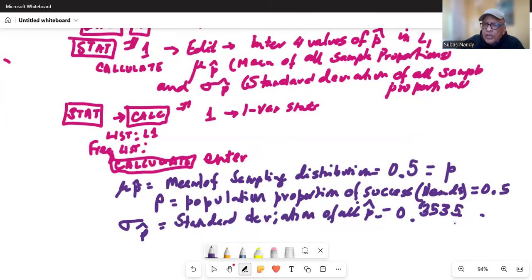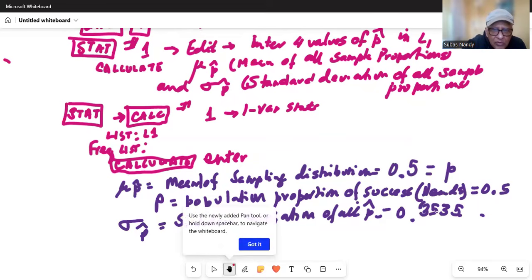That's not related to p, which is 0.5. But let's check on that.